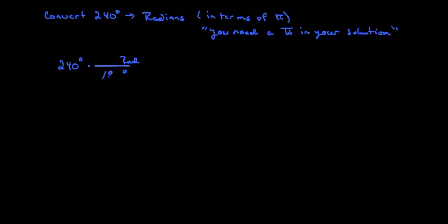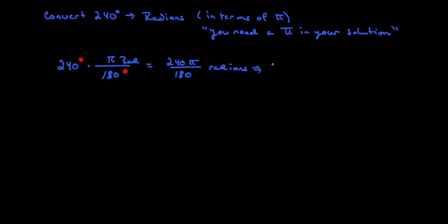We know that there's 180 degrees in pi radians, so the degrees are going to cancel out. So we're no longer working in degrees, now we're working in radians. What we're going to have is 240 pi over 180.